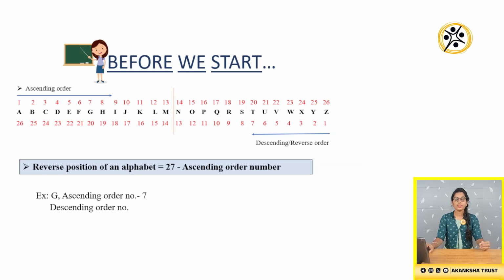But if you apply the formula, the reverse position is 27 minus the ascending order number, which is 27 minus 7, equal to 20. So with this formula, you can easily get the position of any alphabet in the reverse order.